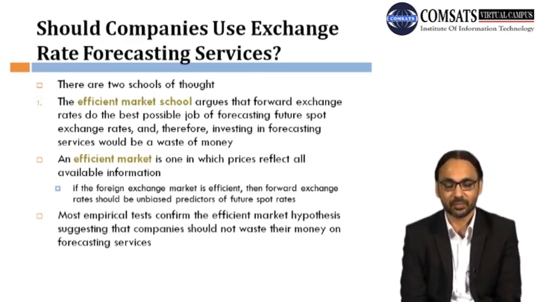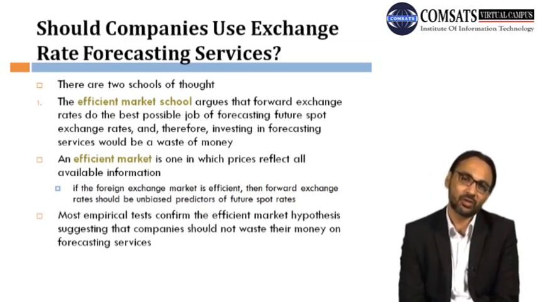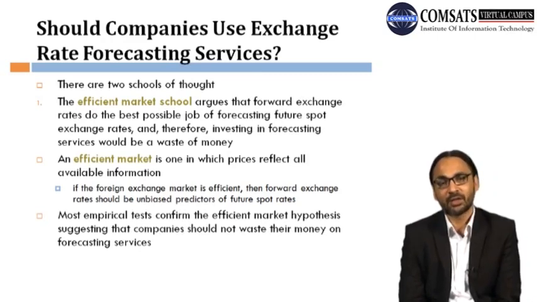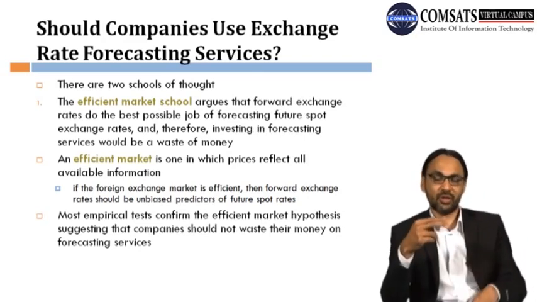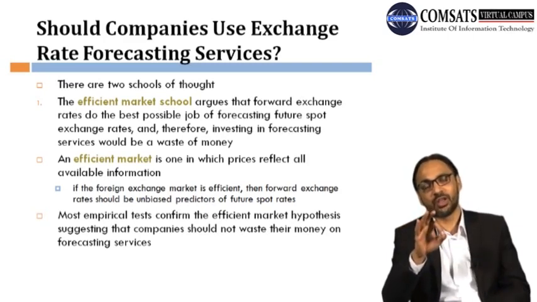If the foreign exchange market is efficient, then forward exchange rates should be unbiased predictors of the future spot rates. When a company needs to predict the future spot rate, what do they have to do according to this school of thought? If the market is efficient, then the rate of exchange between two currencies should reflect all the available information in the market.